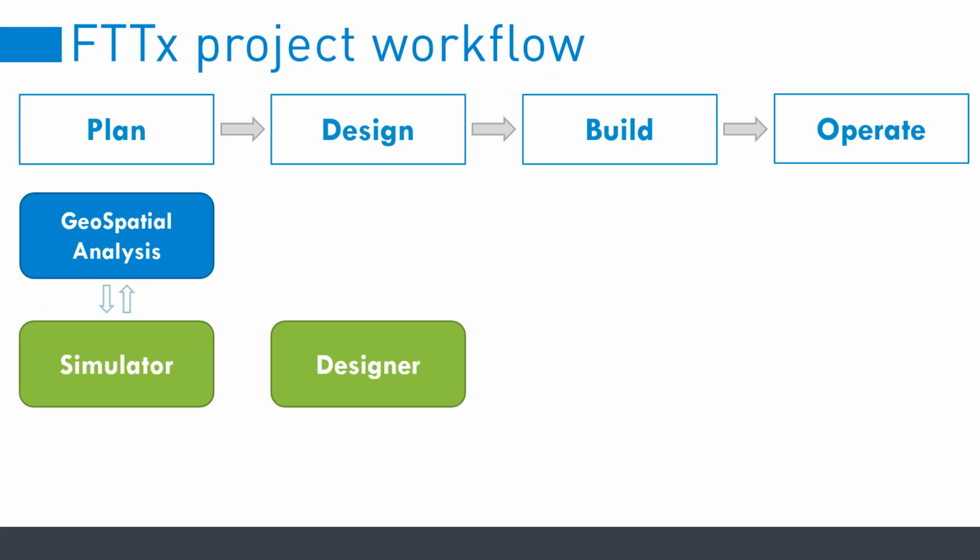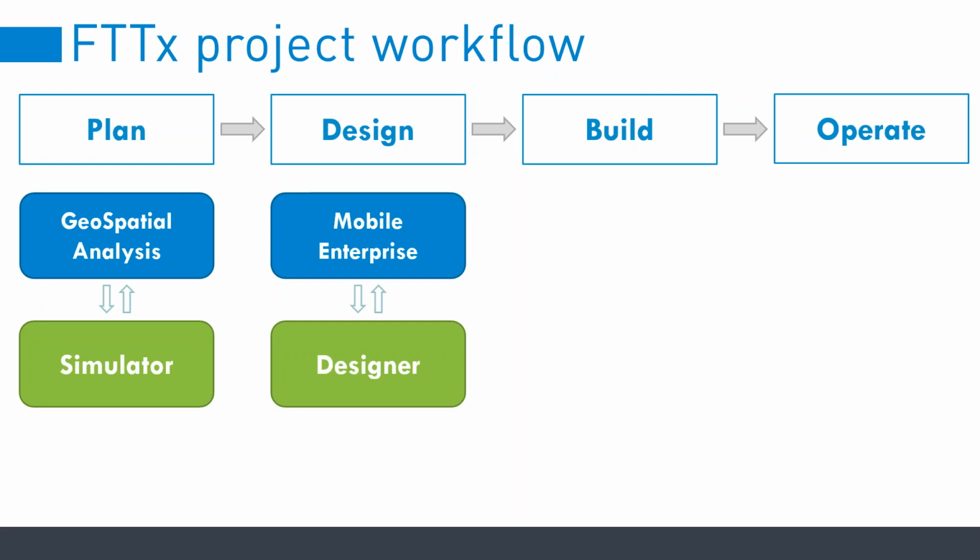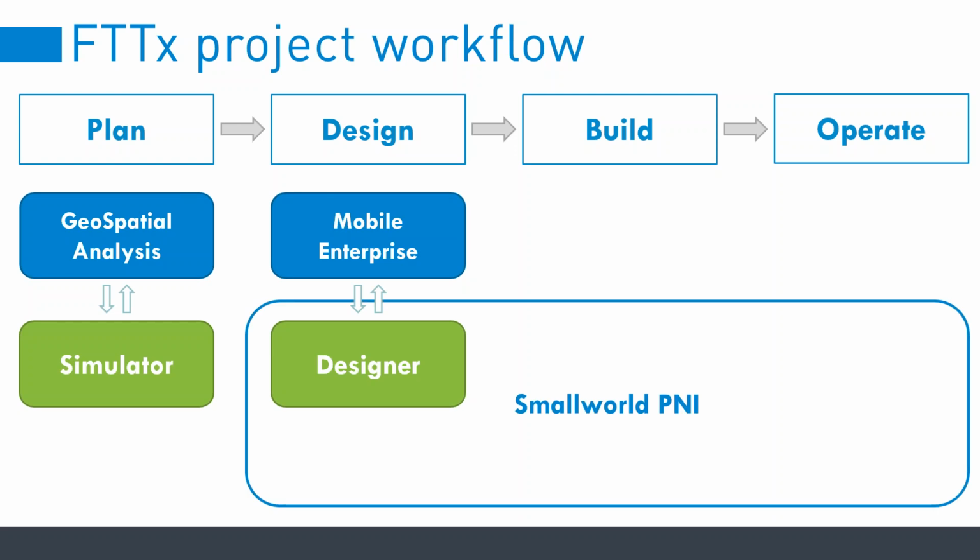And for this, we have an automated design solution called the Designer. And the Designer can work together with Mobile Enterprise, GE's mobile solution for field surveys, also for collecting your GIS data, which is needed for the design stage, and also for field survey to make corrections in the field, watching the real life situation.